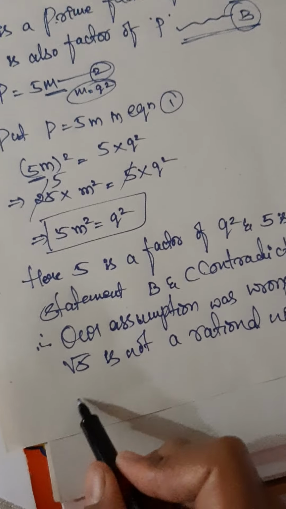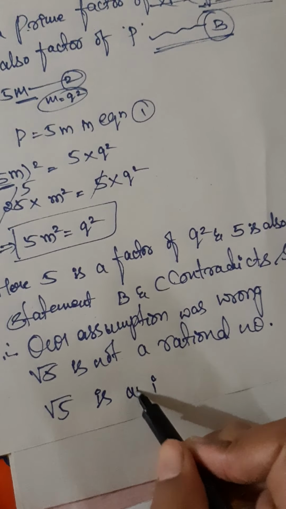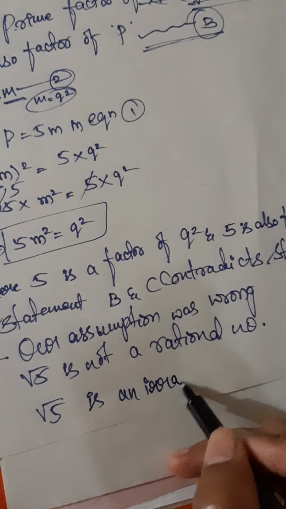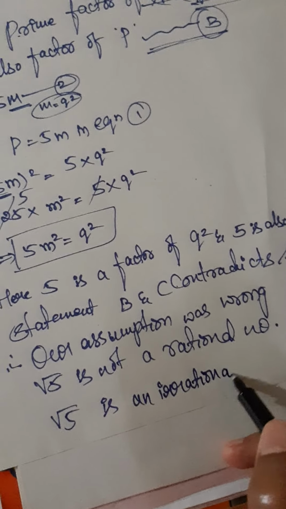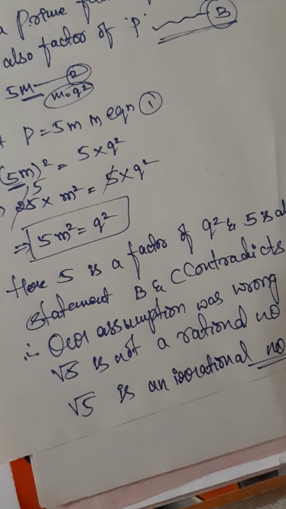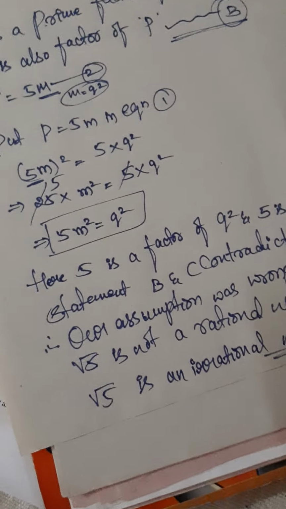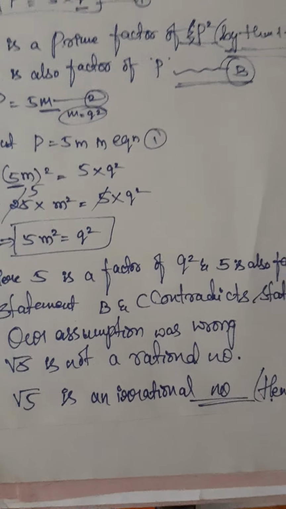Therefore root 5 is an irrational number. Hence proved. Hence we proved that root 5 is an irrational number.